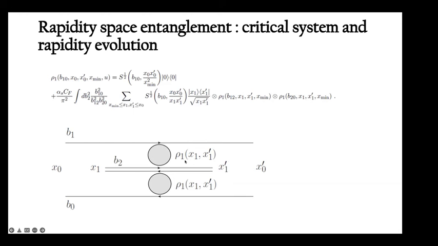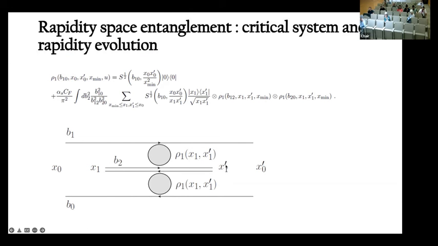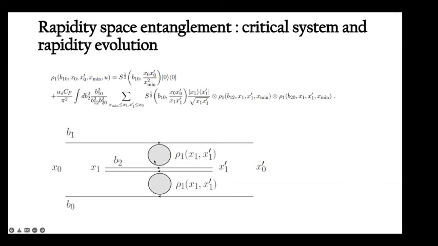This will naturally lead to another two reduced density matrices with the upper bound for the rapidity cutoff equal to x1, x1 prime, but with a transverse separation from B1 to B2 and B2 to B naught. And moreover, we need to add a new term in the matrix element, namely the light-front wave functions for these two soft gluons x1 prime. Therefore, we can write a similar evolution equation for the reduced density matrix, roughly in this form.